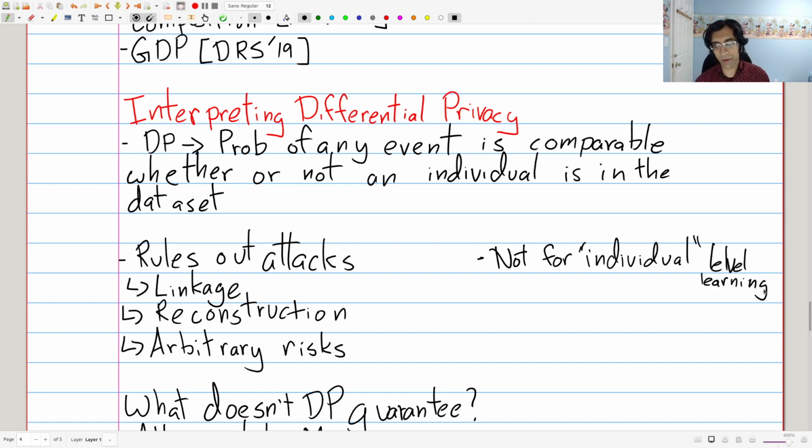By that I mean, if you want your algorithm to output a single individual, like, here's a data set, and we want to pick an individual who's the person we should have for our drug trial or something, that's not really something you can do with differential privacy. It's not intended for that purpose.